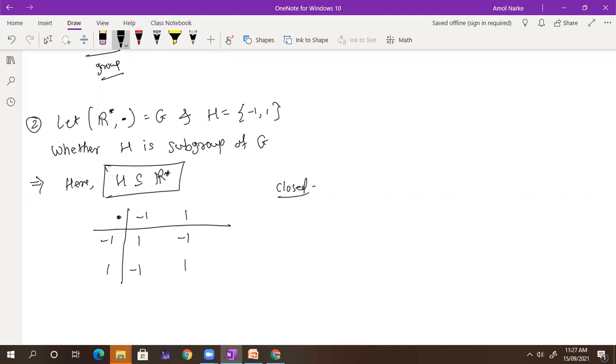Yes. Why? Every operation you do, all the necessary combinations, you can write down from the table. It is clear that it is closed. What about associative?